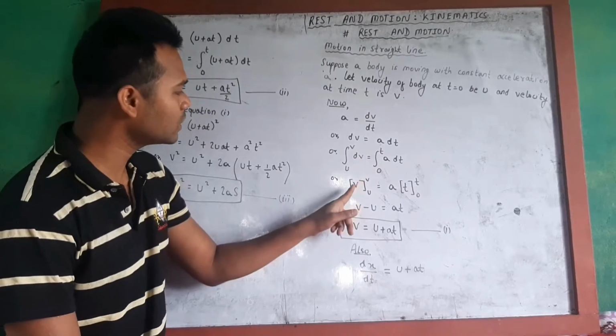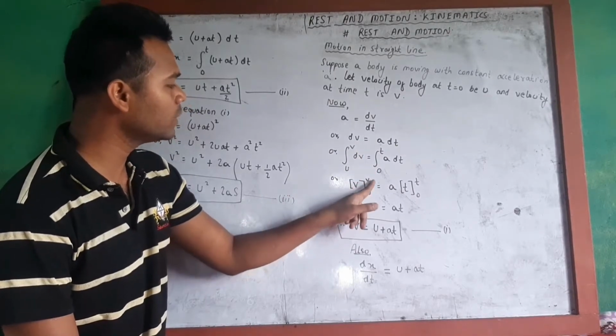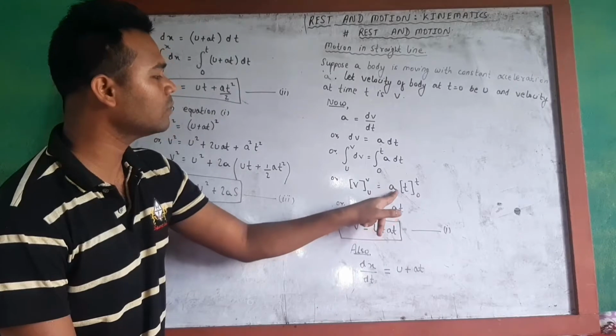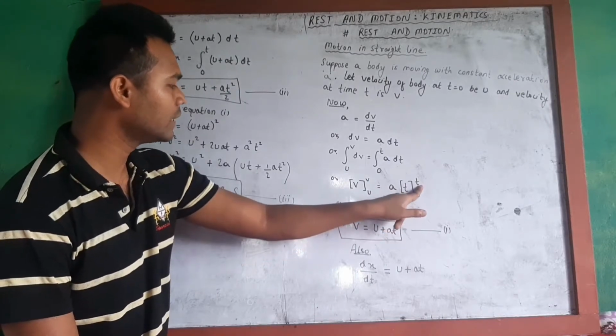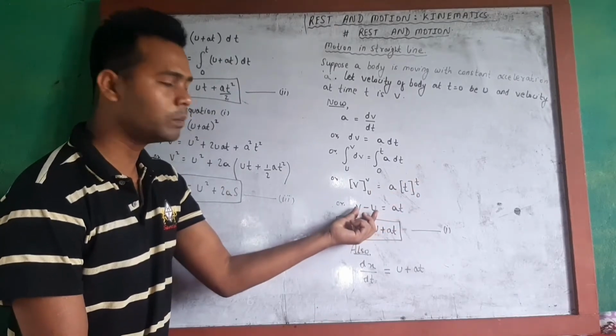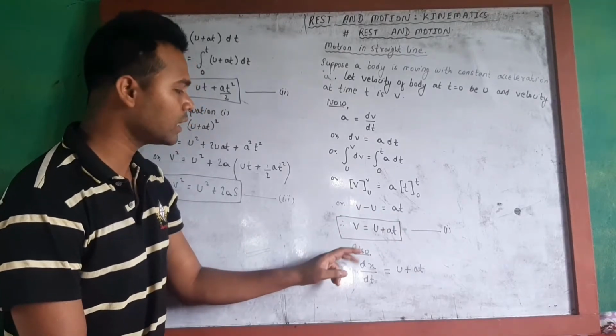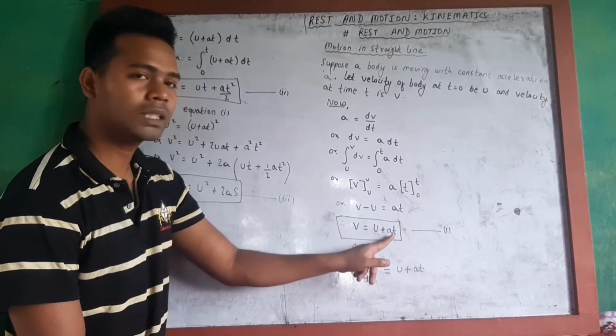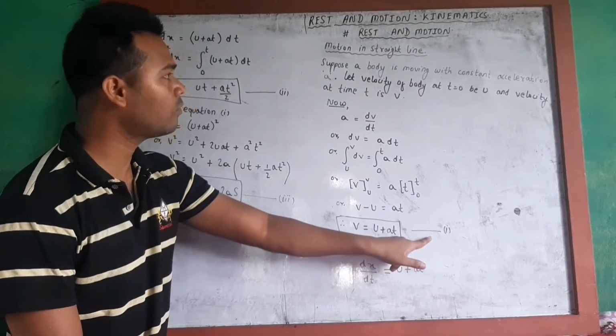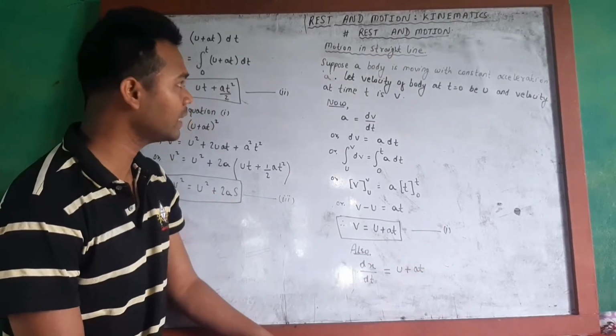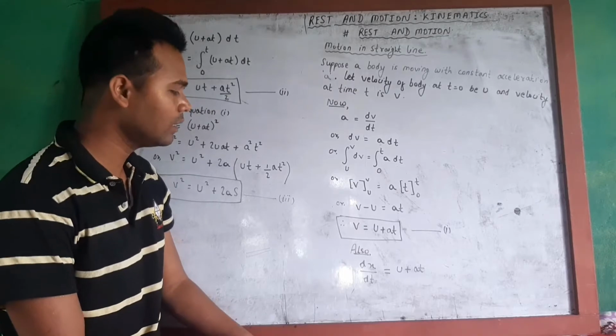Integrating in these limits, we get the integral of dv from u to v equals a times the integral of dt from 0 to t. This gives v minus u equals at, and finally we get the equation v equals u plus at. This is our first equation of motion in a straight line with constant acceleration.